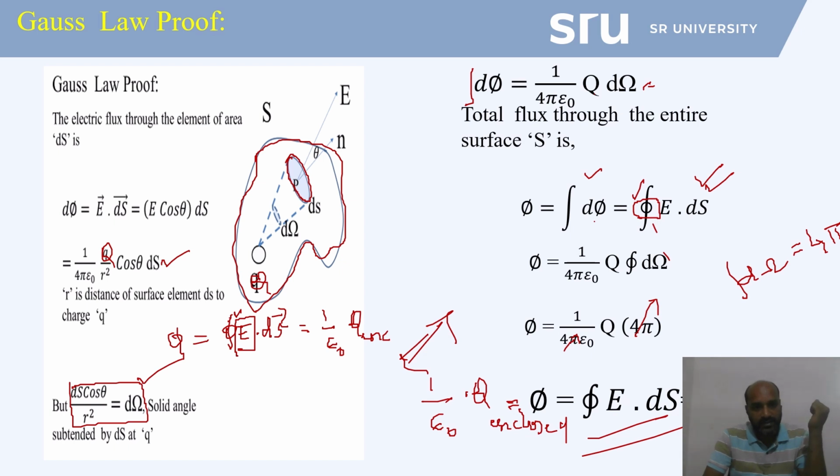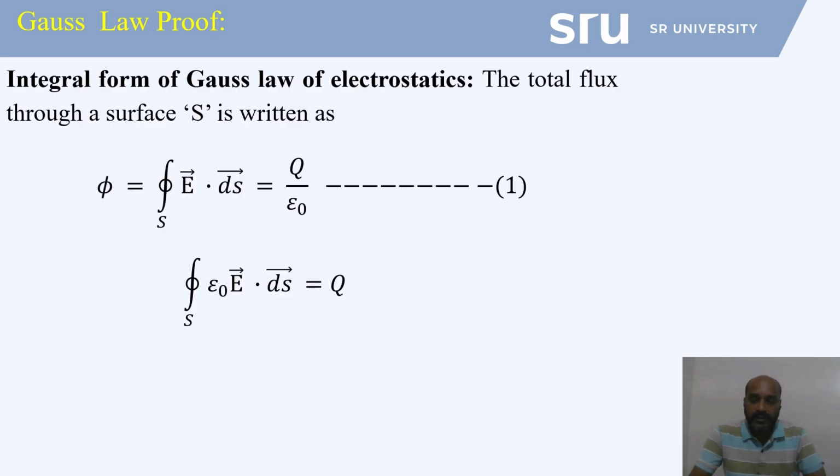Of course, the integral is generally used for continuous functions. If the charge distribution is continuous, then we can apply this Gauss law so that the calculation of electric field intensity will be a little bit easy. In what way? We'll see that in the applications. If we go through that application, then we can understand what is the advantage of this Gauss law, right?